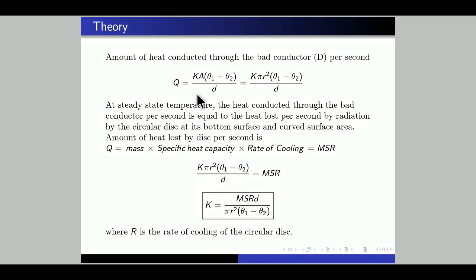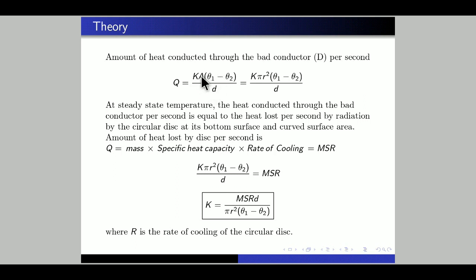Now the theory part is, once you start passing steam into a circular disc through a bad conductor, the bad conductor will conduct heat. Now the amount of heat conducted through the bad conductor per second is given by the expression Q is equal to K times A times theta 1 minus theta 2 by d.